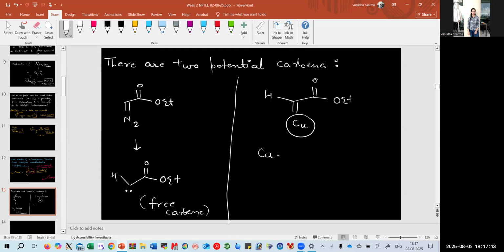This we would call a copper carbene. And if this copper center is having a chiral ligand, L star, then it would give you an asymmetric synthesis of this cyclopropane and would lead to the conclusion that the metal carbene is the intermediate of this reaction.